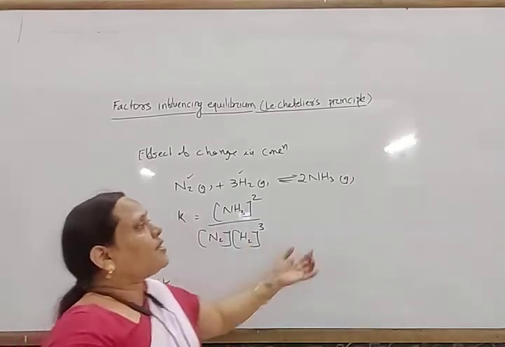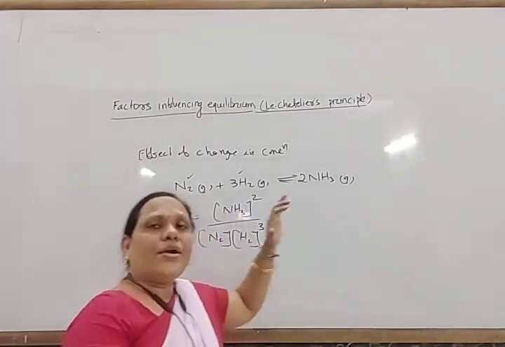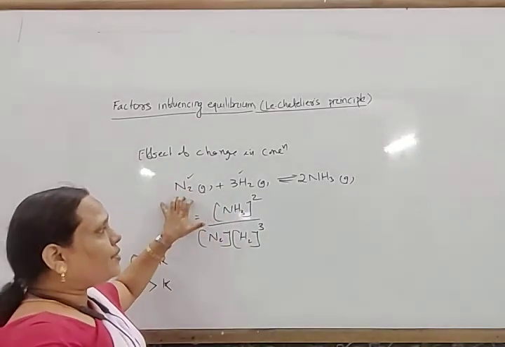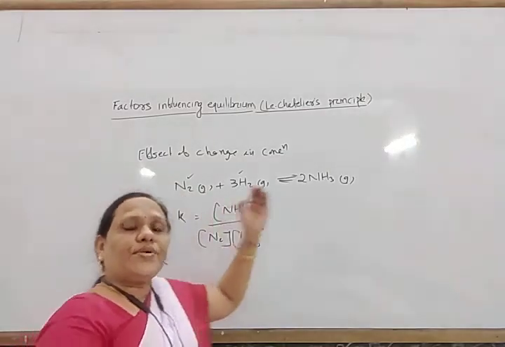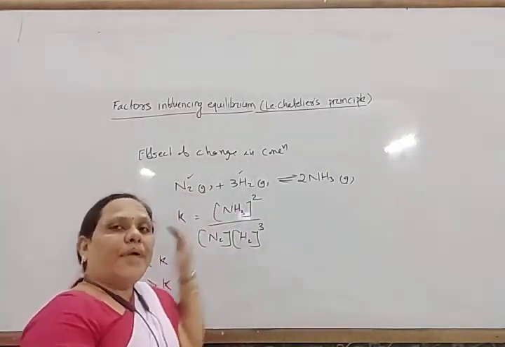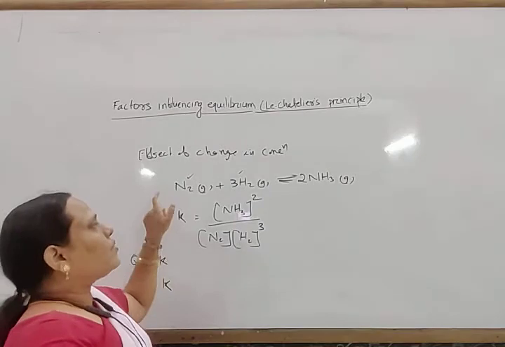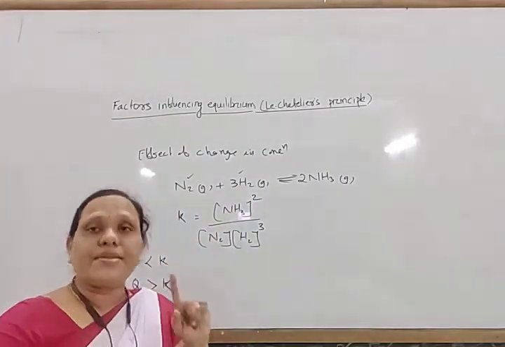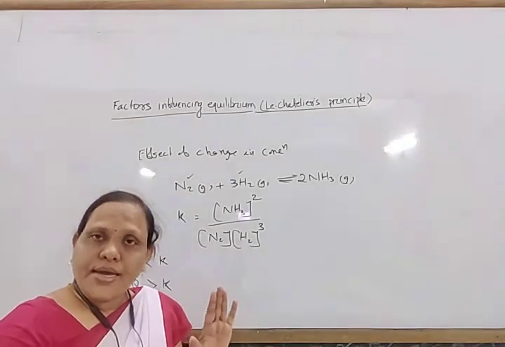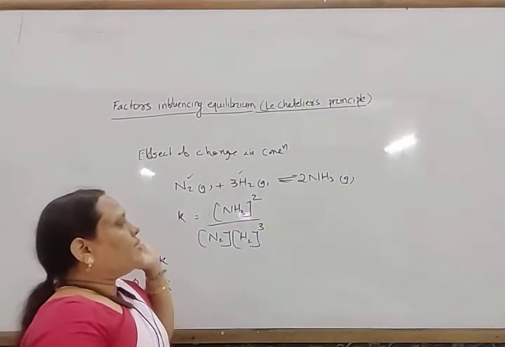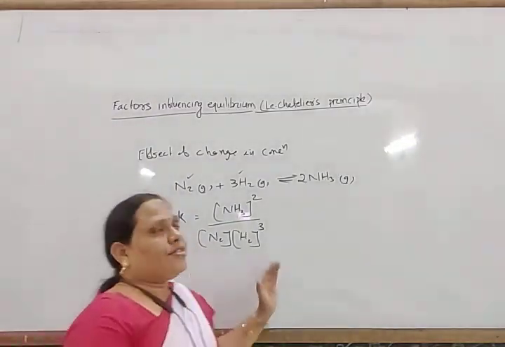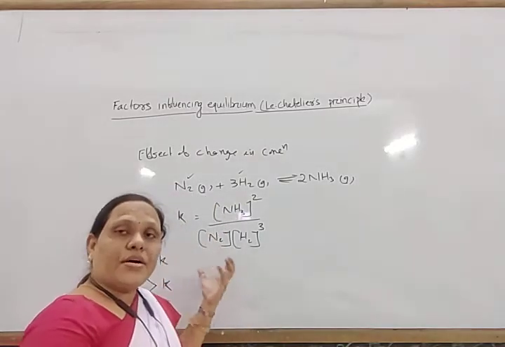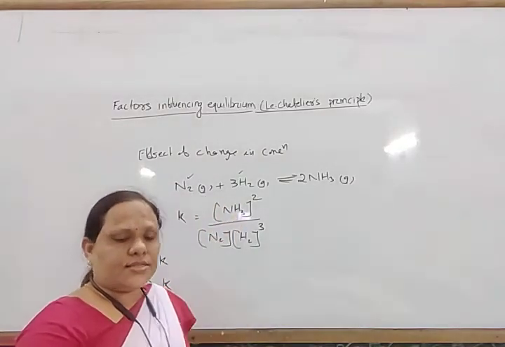Similarly, if you increase the concentration of product or decrease the concentration of reactant, then the equilibrium will shift backward, forming more amount of N2 and H2, so that the equilibrium constant will remain constant. In this way, the equilibrium will shift either forward or backward depending on the change in concentration.